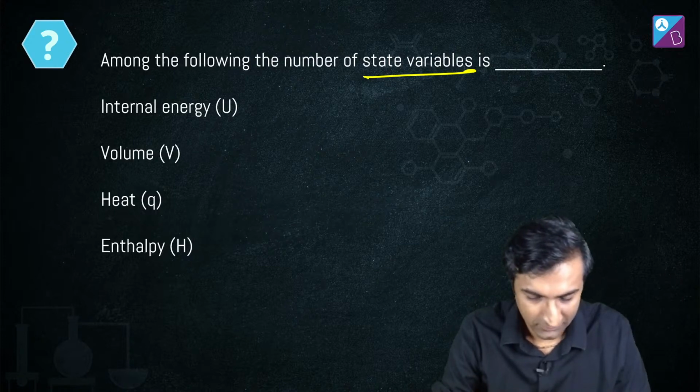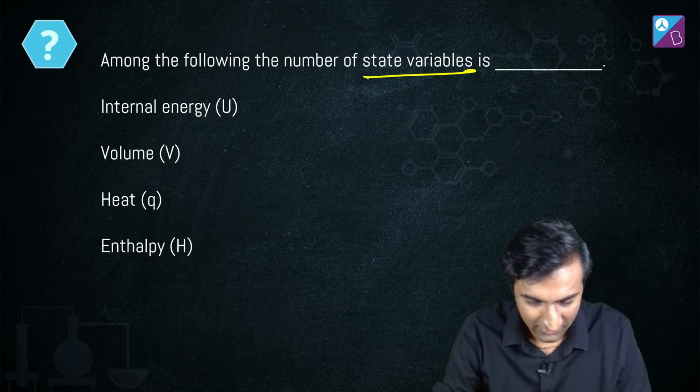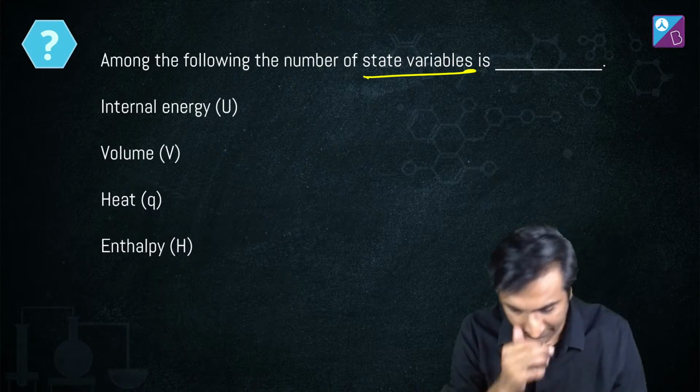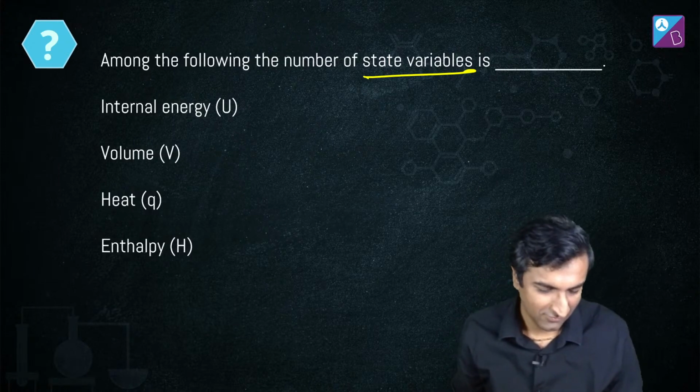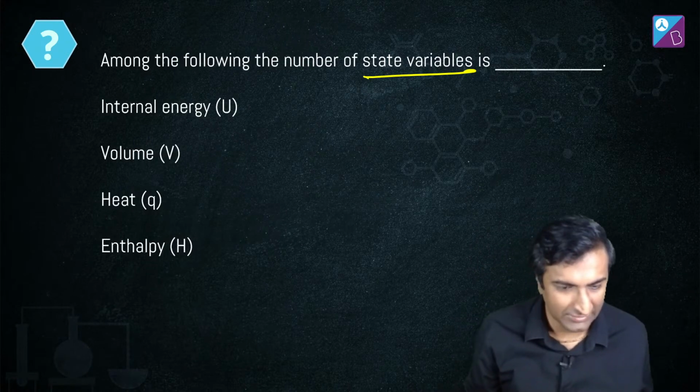Answer, friends. Okay, Rek is saying 3. Sweet. Which 3, Rek? Can you help me with that? Sai is also saying 3. Ganesh is saying 4.